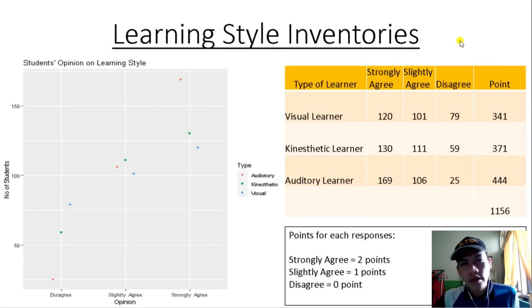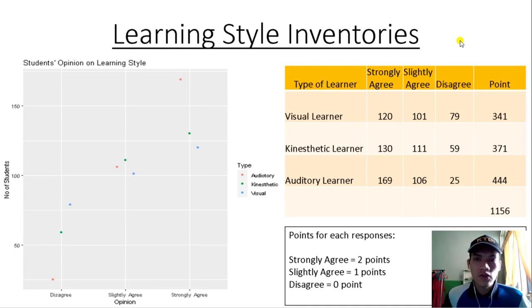For the learning style inventories, we prepared 9 questions in our questionnaire to ask the students what type of learner they are in mathematics. There are 3 questions for visual learner, 3 questions about kinesthetic learner, and 3 questions about auditory learner.